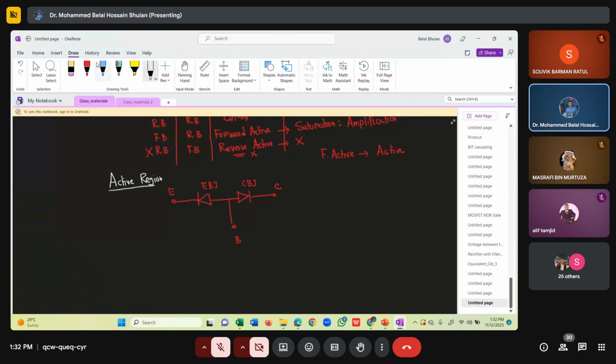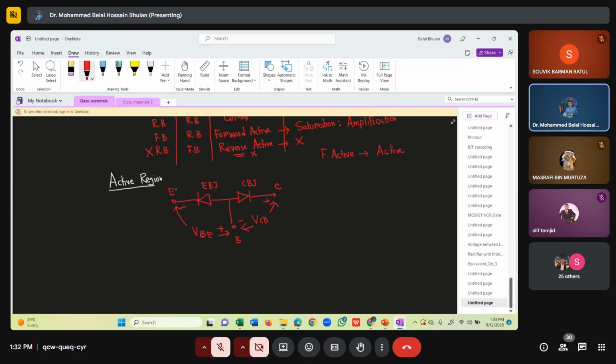So I apply the voltage such that the emitter to base junction is forward biased. So let's say we apply the voltage VBE, plus minus. And then we apply voltage VCB, plus minus.